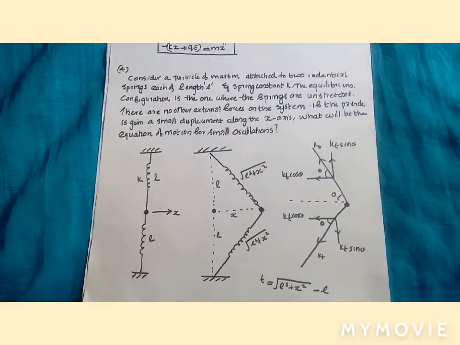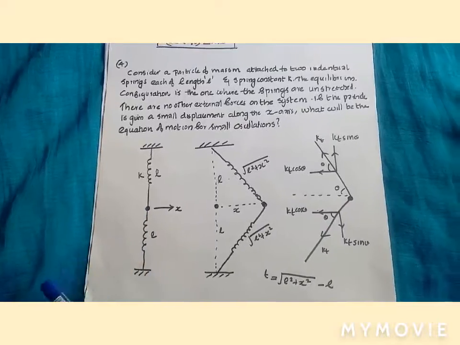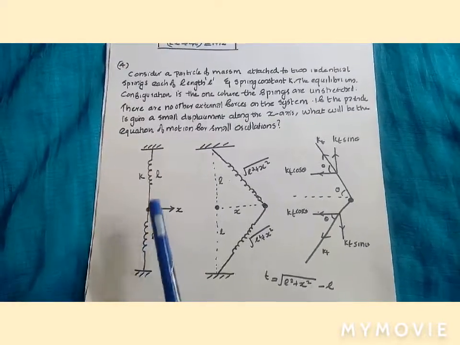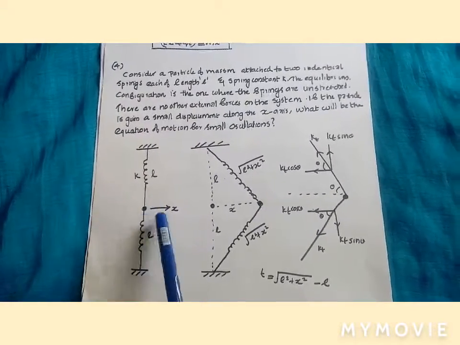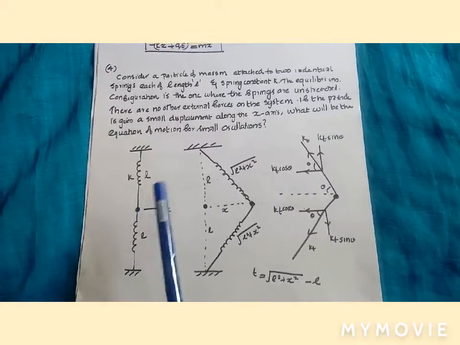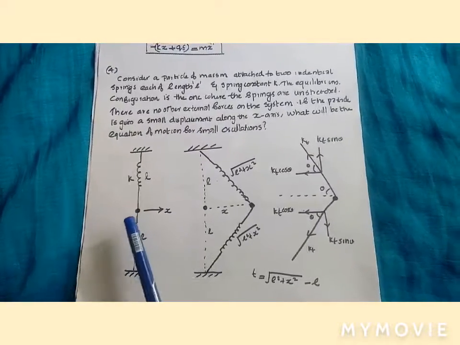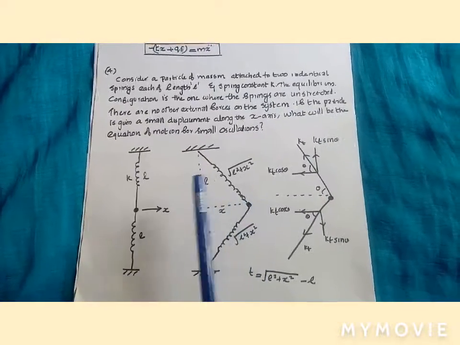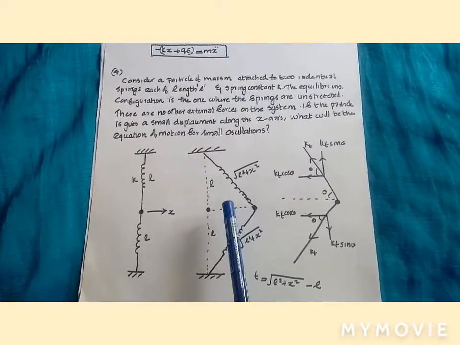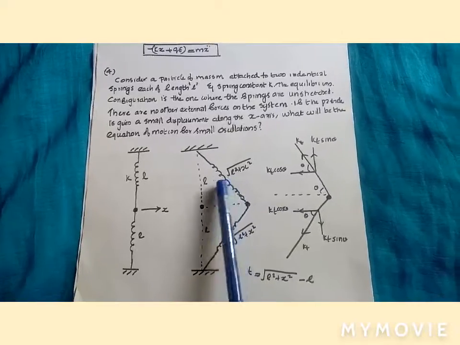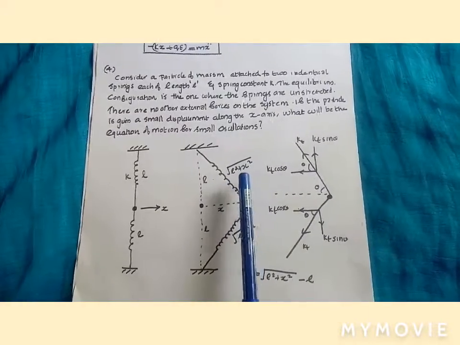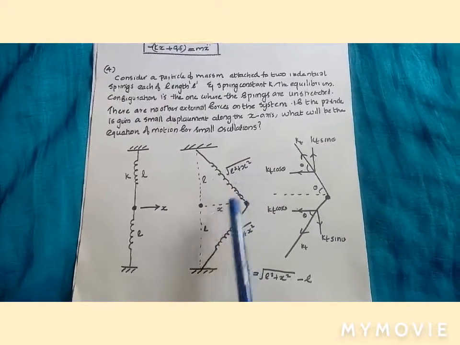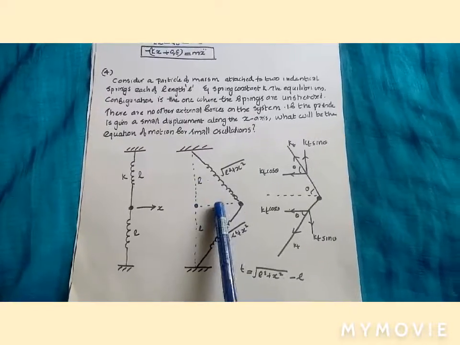Here in the question it is given that the mass is connected to springs of length L and spring constant K, and it is displaced in the x direction. So the springs are elongated, and the new length is under root L square plus x square, because x and L are perpendicular.